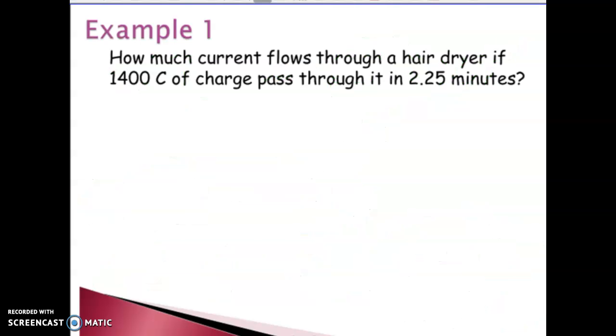Okay, so we're going to do a couple of examples and I'm going to have you try some out. And again, we're going to be using GRASP. Anytime you're doing a word problem like this, as we saw with Ohm's law and with density already, you are always going to be using this formatting.